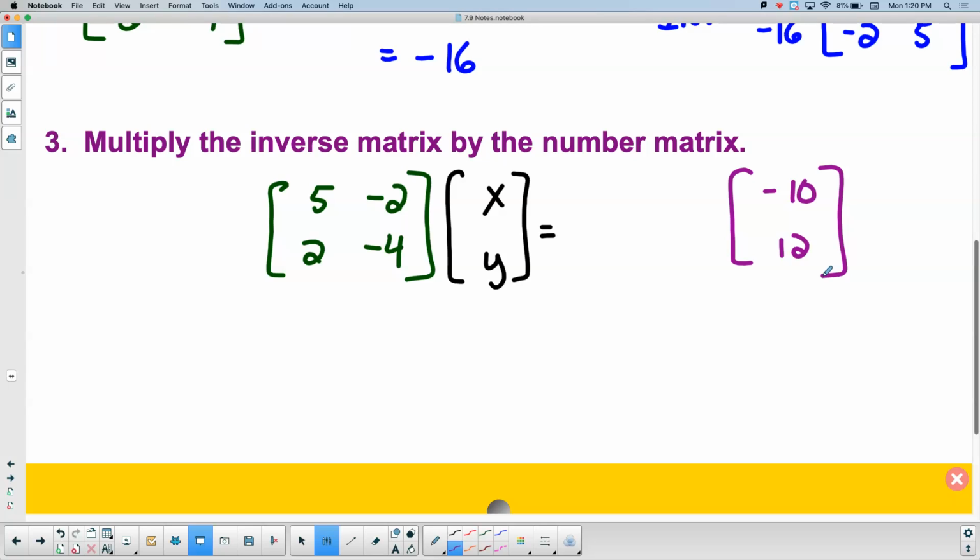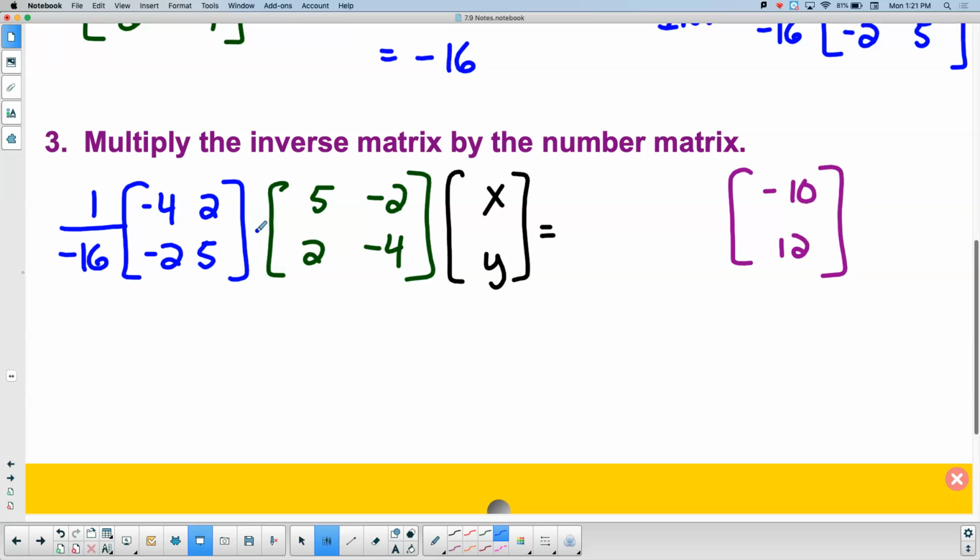Now it says multiply the inverse matrix by the number matrix. That means I want to get rid of this green one, so I'm going to put 1 over negative 16, because that's my inverse, and then negative 4 and positive 2 and negative 2 and positive 5.